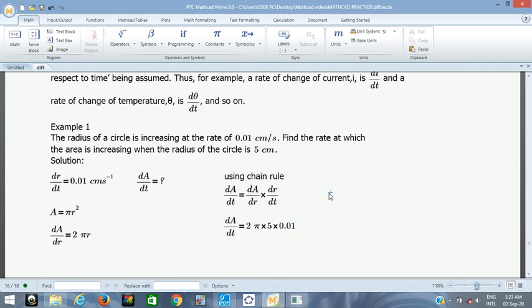So 2 times 5 will give us 10. That is 10 times 0.01, which is going to give us 0.1 pi.